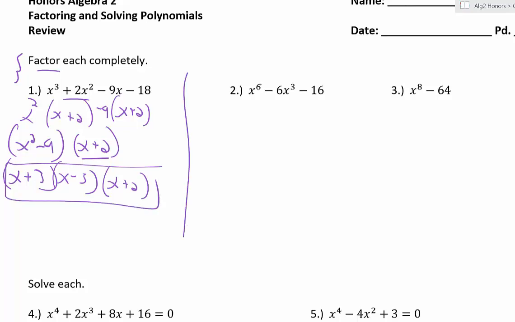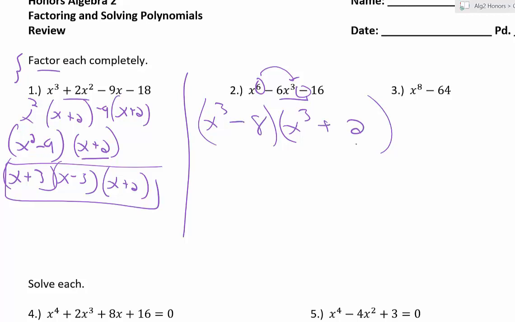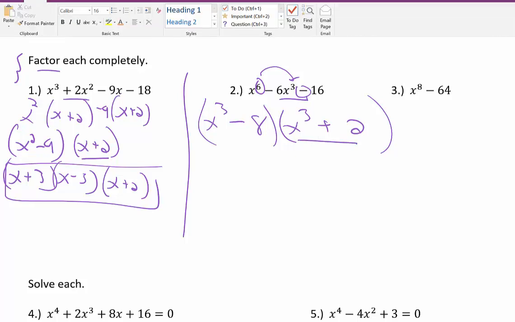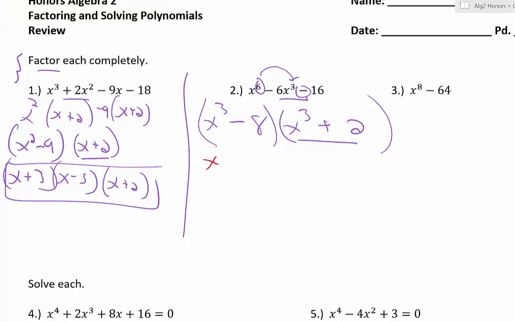Number 2, x to the 6th is even, and that means if I use x cubed and x cubed, we'll be in good shape. Factors of 16 that subtract to give me 6 are 8 and 2, so x cubed minus 8 and x cubed plus 2. But remember, x cubed minus 8 is actually x cubed minus 2 cubed, so it needs to be factored.